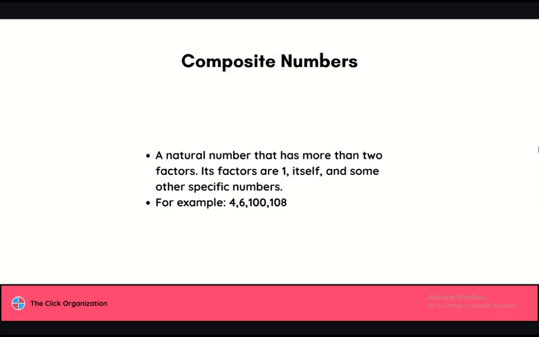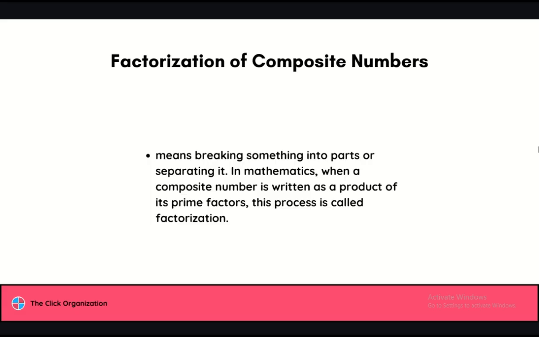Now there is another topic which is named factorization, which we will learn. What does factorization mean? Factorization means breaking something into parts or separating it. Right? So when you want to separate a composite number into its prime factors, this is the factorization of composite numbers, as it's written here.